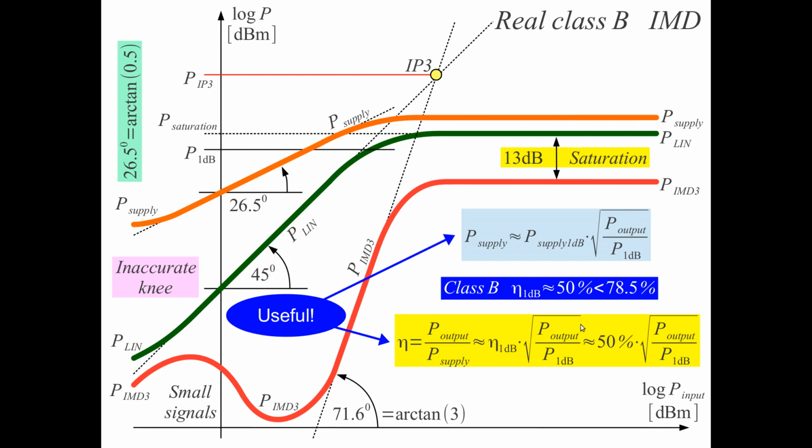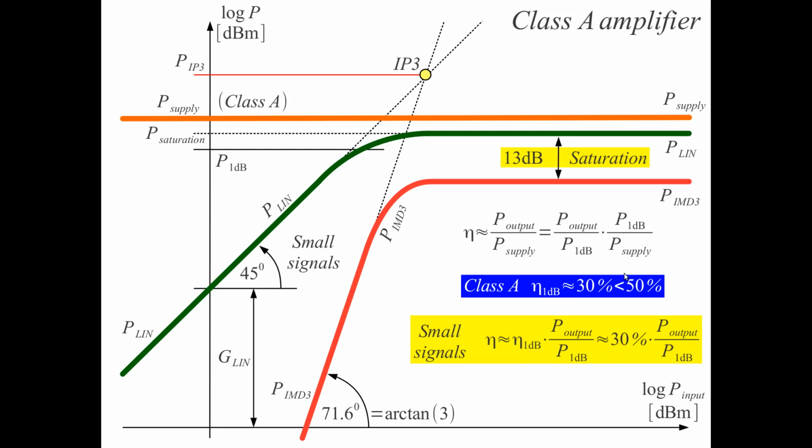Let me see whether this is correct or not. So this is fixed. Sorry for this mistake. Actually the efficiency decreases, but it does not decrease as fast as in class A. In class A, the decrease was proportional to the output power.